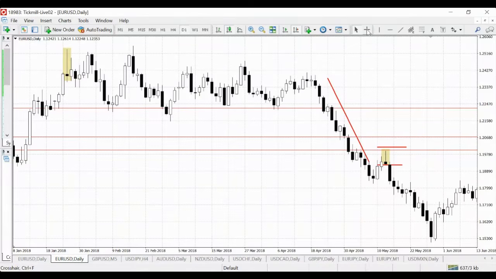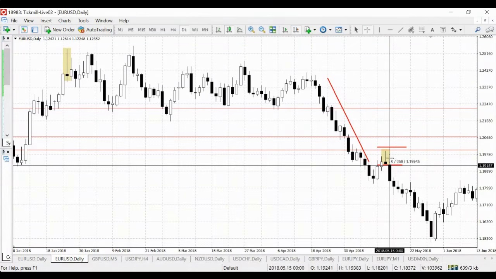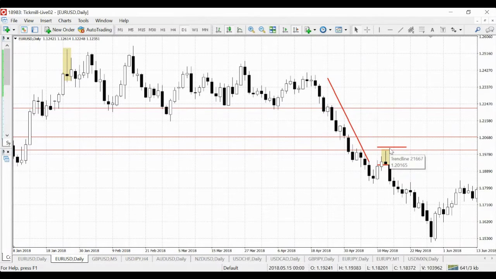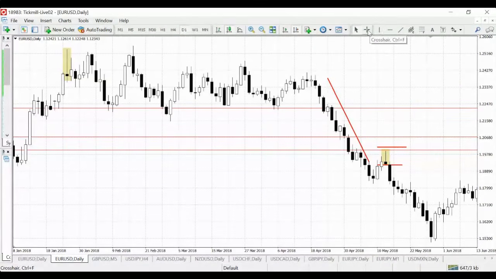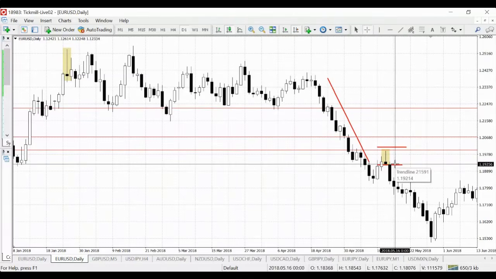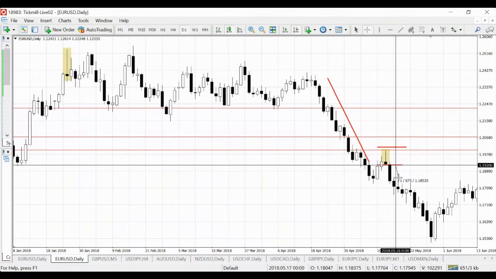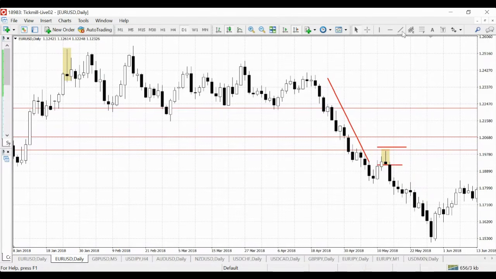In this scenario, I would be risking about 90 pips. Personally, I would be willing to profit at least 2 times the risk I'm taking. So in this example, I will be looking to take profits maybe somewhere down here.